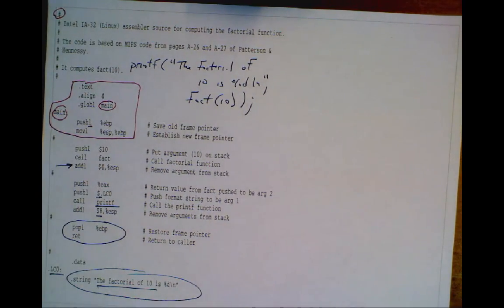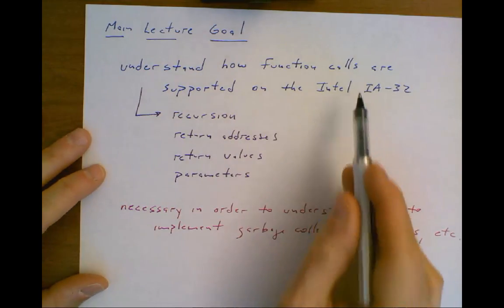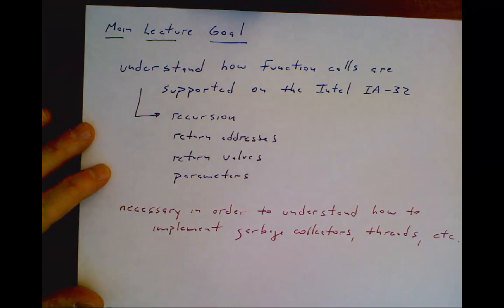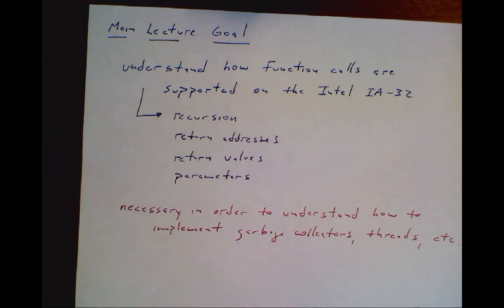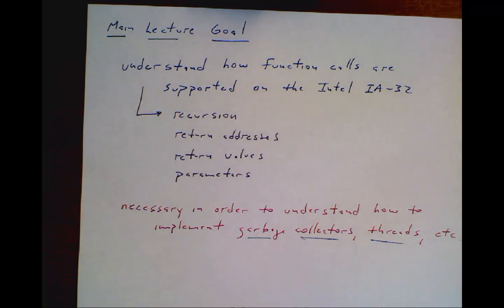Remember, the main goals when you look at this video, you want to make sure that you understand: how the hardware and the software conventions support recursive function calls, how return addresses are handled, how return values are handled, how parameters are handled, where local variables appear, because those are going to be important to us later in the course when we think about writing a garbage collector or implementing a threads library. Okay, let me stop here.